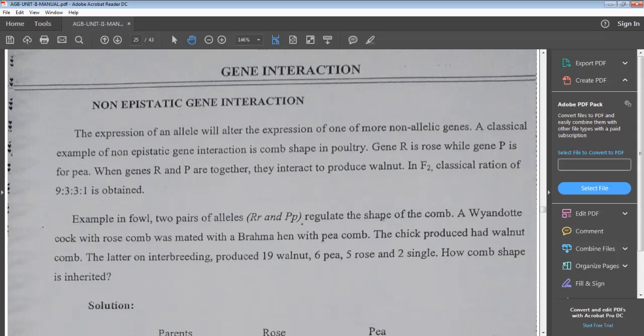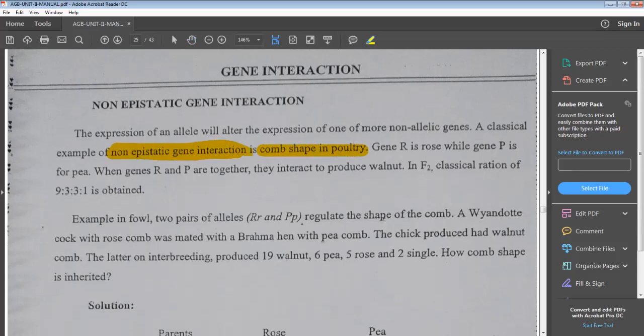The classical example of non-epistatic gene interaction is the comb shape in the case of poultry.